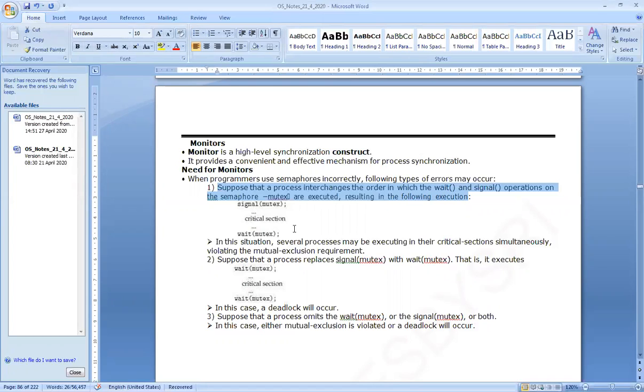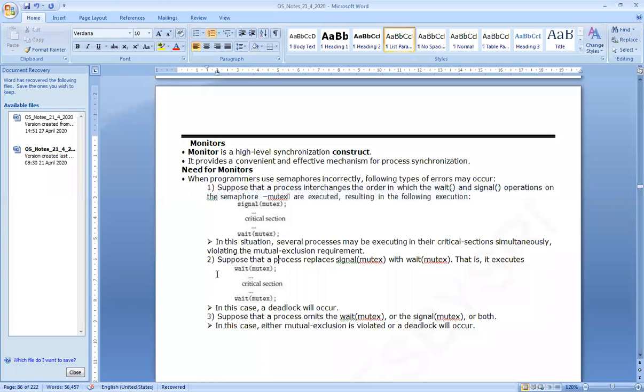So they should be in order. If the order is mismatching, it leads to a problem called the synchronization problem. So that is one situation where we get the synchronization problem even though we are using a semaphore, and a wait and signal function.